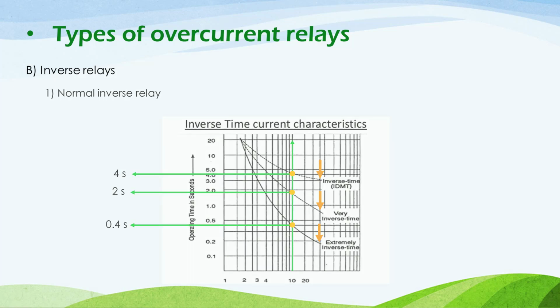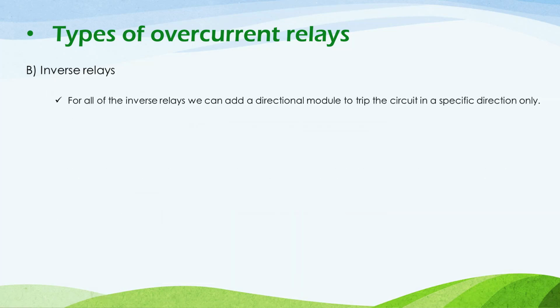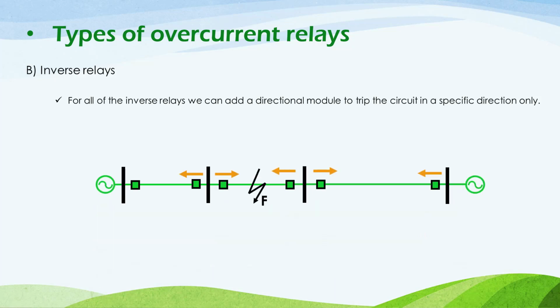But for all of those three types, we can add an additional module, which is called the directional module. And the use of that directional module is to specify the direction in which the relay will trip the circuit. And this is the directional protection, which we illustrated before, which is to have a specific direction for each relay to trip the circuit if the current is increasing through it, while it will not trip the circuit if the current increases through the other direction.